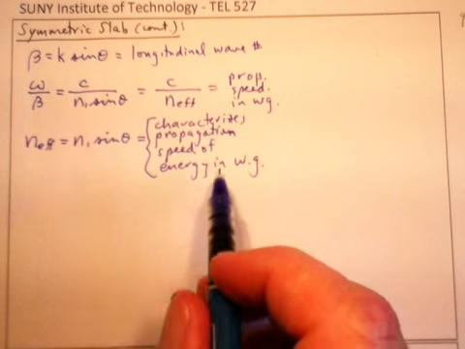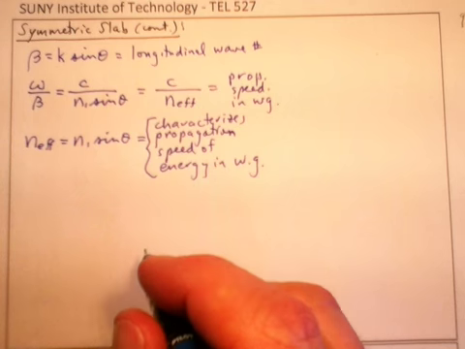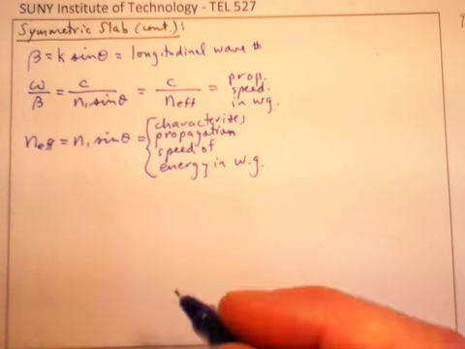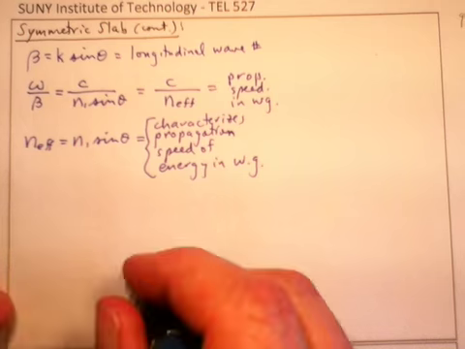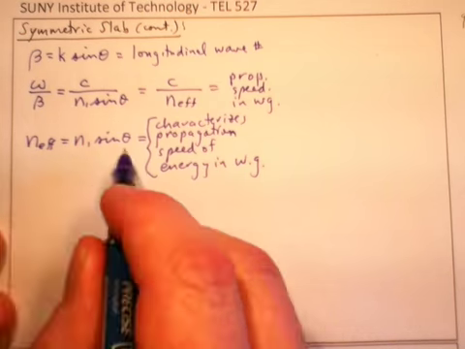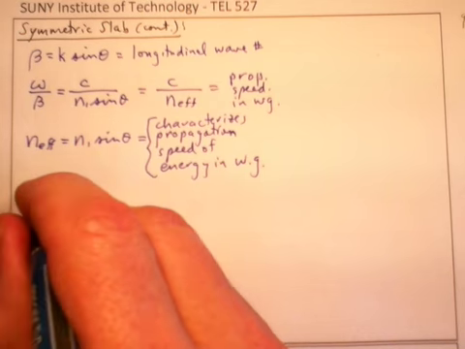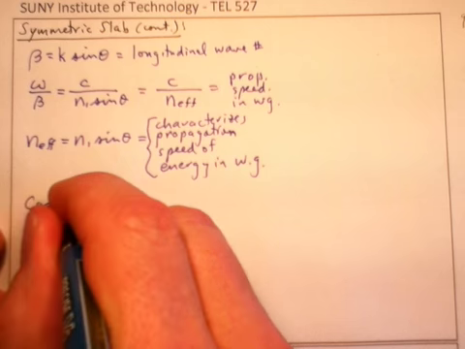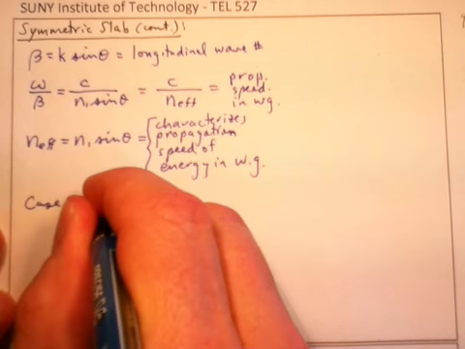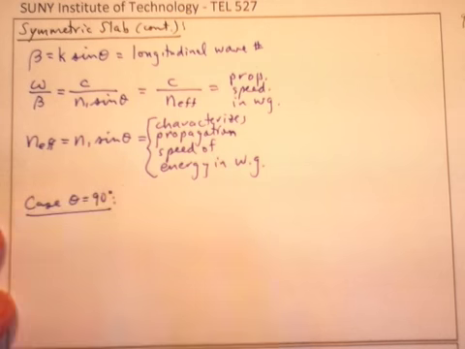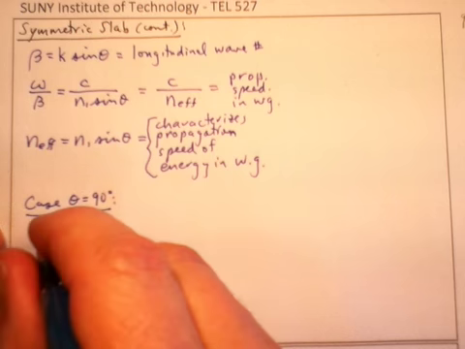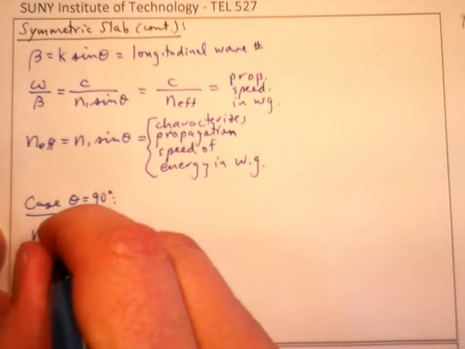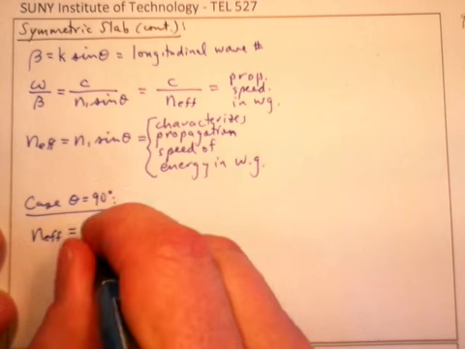Notice now, let's go ahead and evaluate n effective for the case of theta equal to 90 degrees. Then the sine of 90 degrees is 1. N effective is then equal to n1 sine 90 degrees, which is equal to n1.